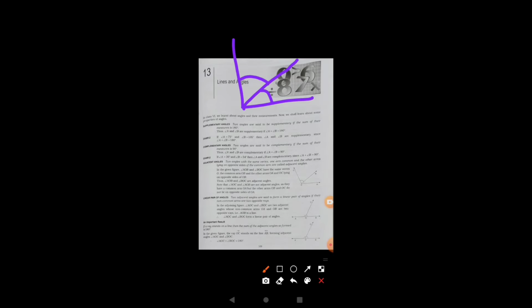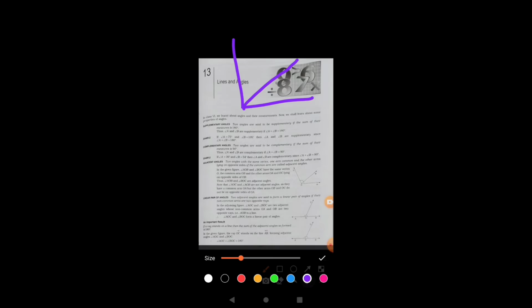These are two angles. But we can see these two angles, vertex is common. Vertex means corner. So here the vertex of this angle, first angle, is this one and the other one also this one. So this vertex is common.